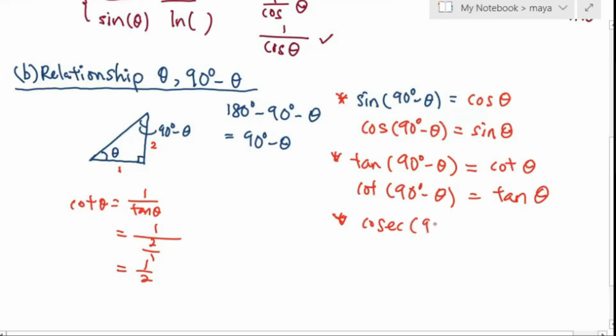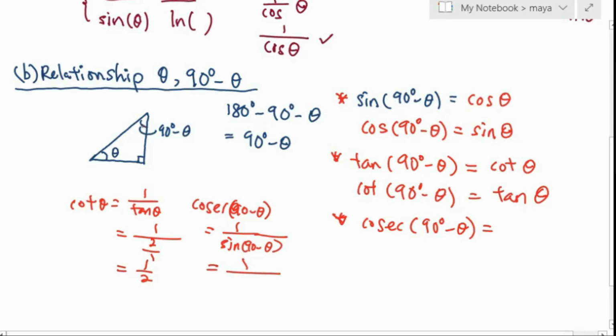If cosecant 90 degree minus theta, it will equal 1 over sine for 90 minus theta. So 1 over sine means it will take hypotenuse over opposite, so 1 over 2 gives a ratio of 2 to 1.